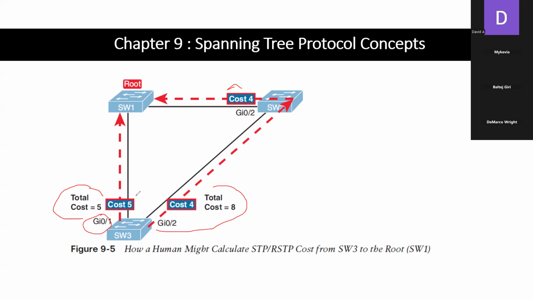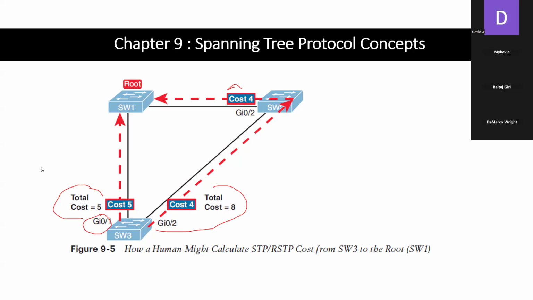This is how a human does it, because I want you guys to be able to do this on a piece of paper, without a lab or software doing it for you. If you can calculate this on paper, you'll be able to pass your exam. So this is how you would calculate the root port on paper.